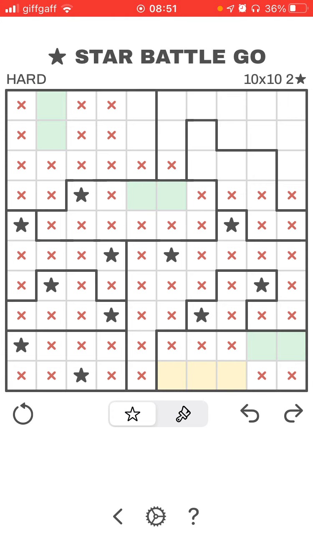We know that within 1 column, we've got to have 2 stars. So it stands to reason that within 2 columns, we've got to have 4 stars. We also know our old friend, the 2x2 region, right? We can only have 1 star in each 2x2 region.